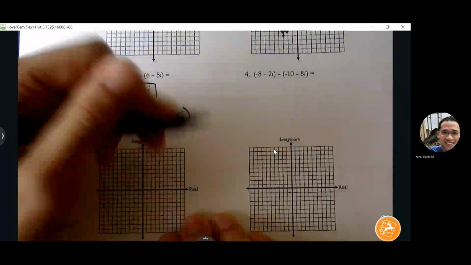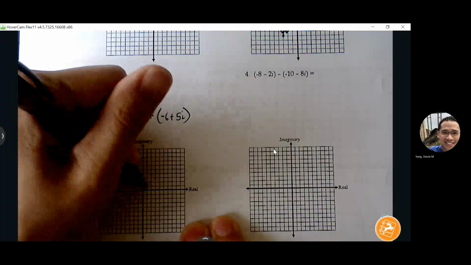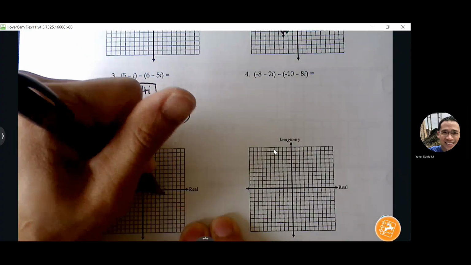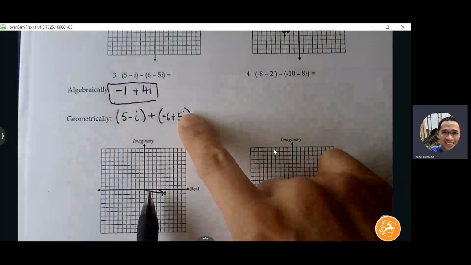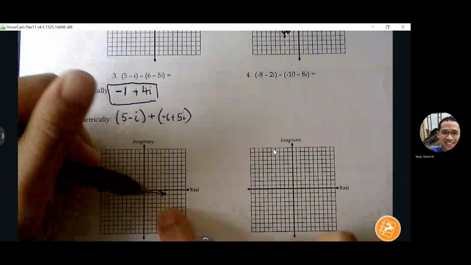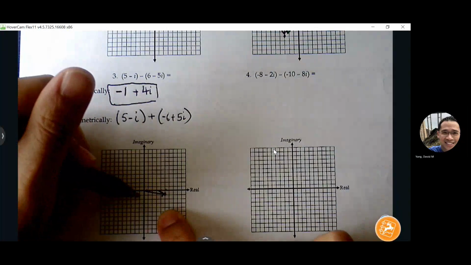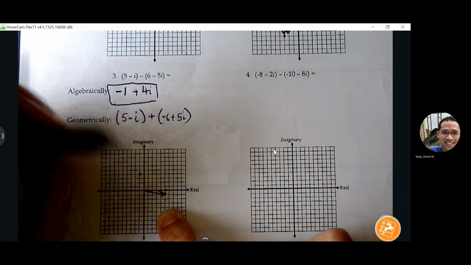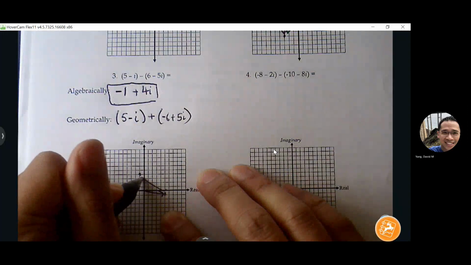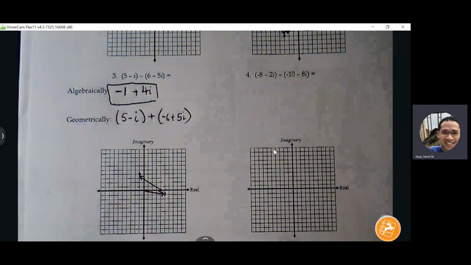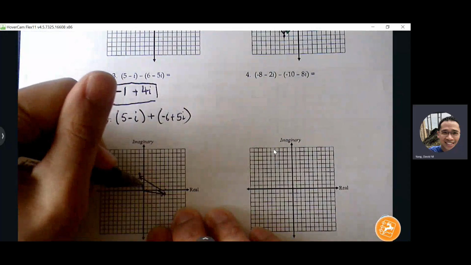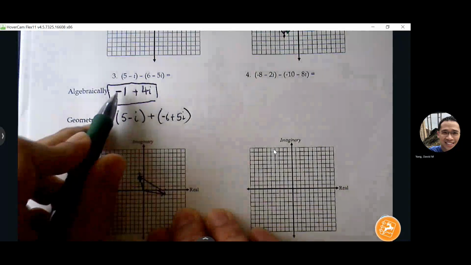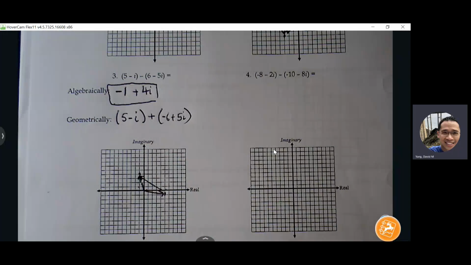So 5 minus i. From here, we'll pick up where we left off and we'll go left 6 and up 5. So then our resultant vector is from here to here. So left 1, up 4. So algebraically and geometrically, it should match.